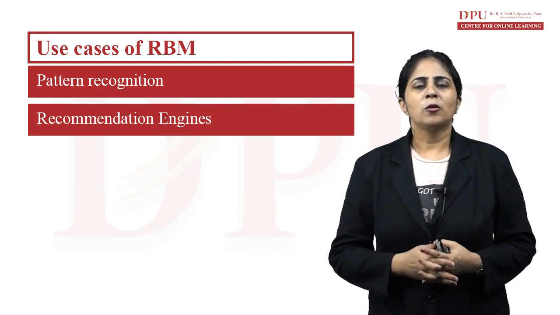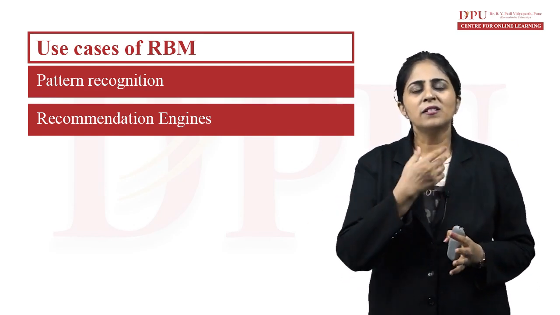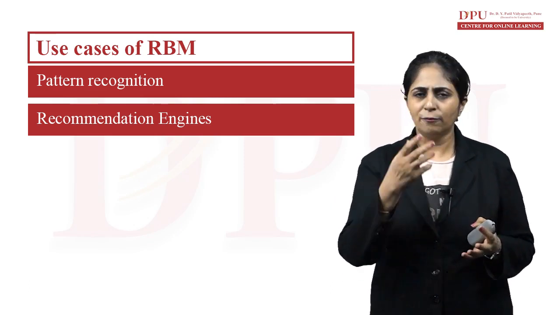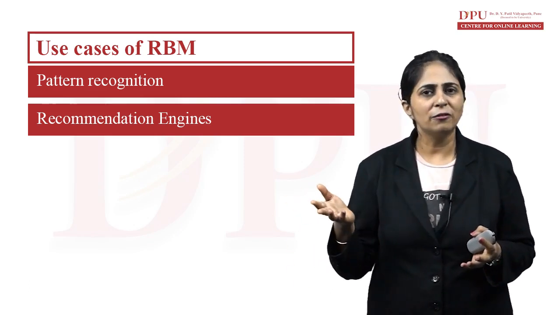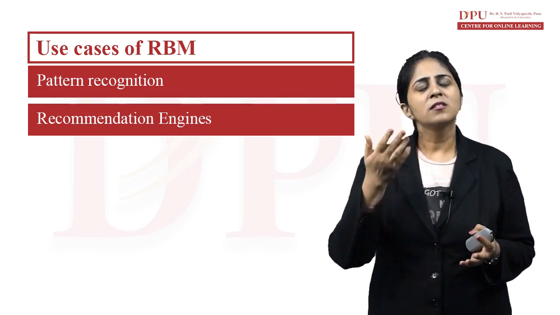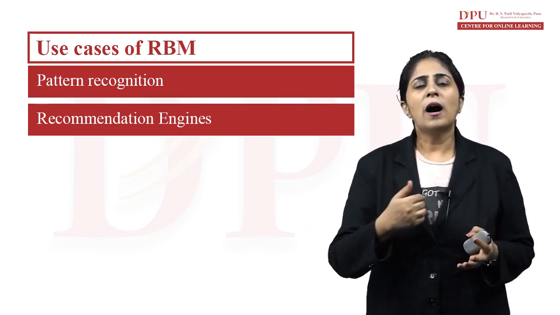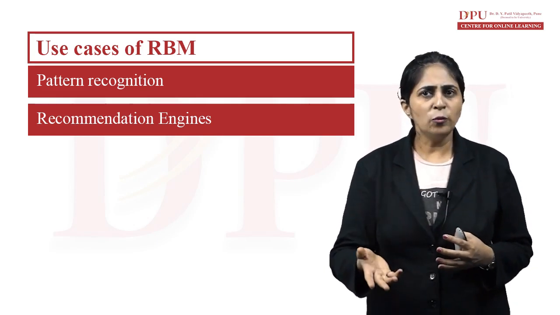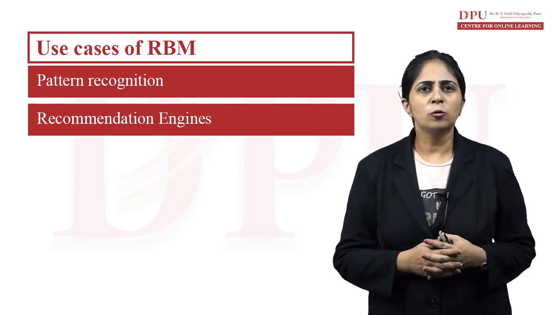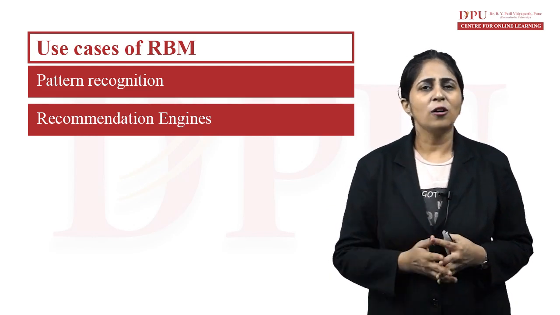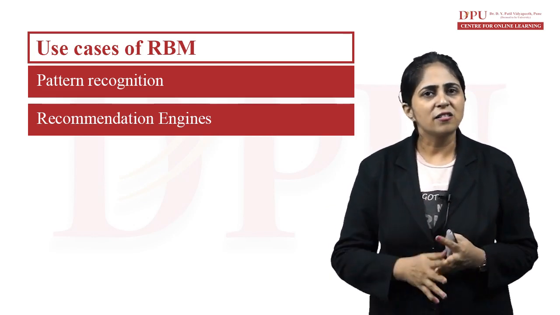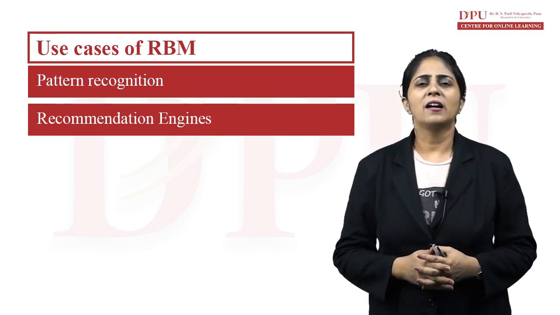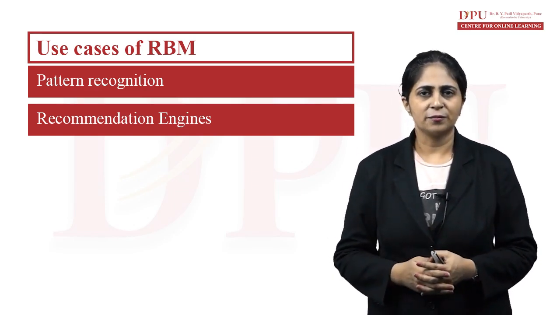If we are talking about a website which recommends books, we have so many websites now which deliver new books if we are reading some book on our tabs or laptops. If you're watching movies, new movies will be recommended to us. There we can apply our restrictive Boltzmann machine, so it can definitely be used in recommendation engines.